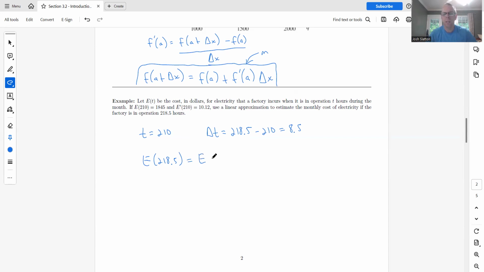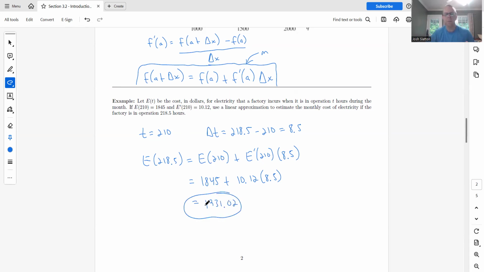So going by this formula, this would be E of 210 plus E prime of 210 times delta t, which would be 8.5. So now it's just a matter of plugging in. We have 1845 plus 10.12 times 8.5, and then that gives us 1931.02.